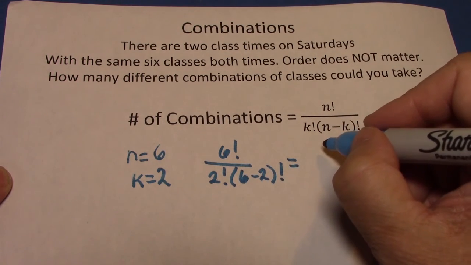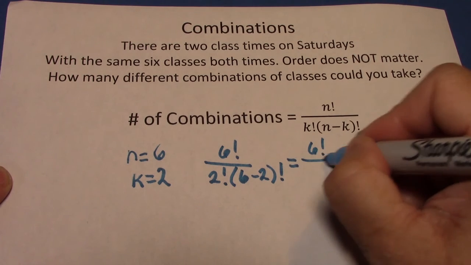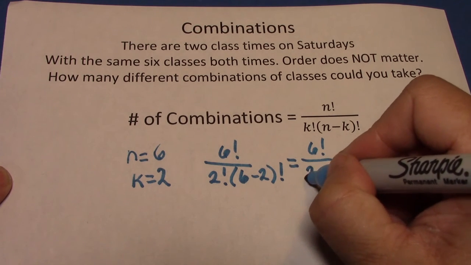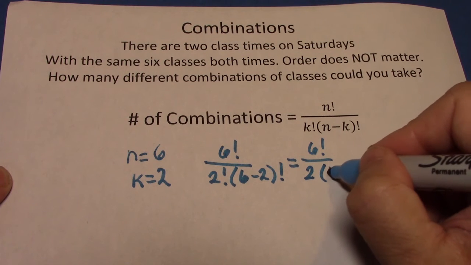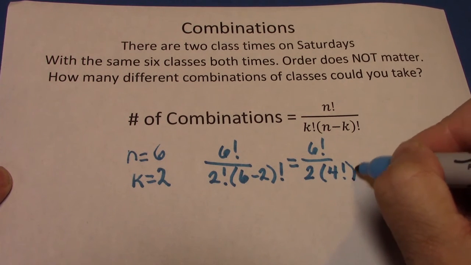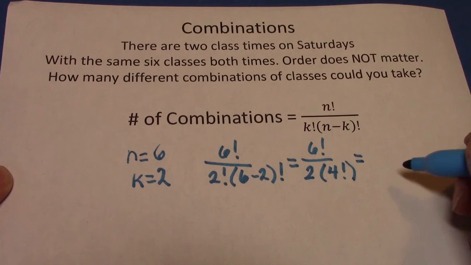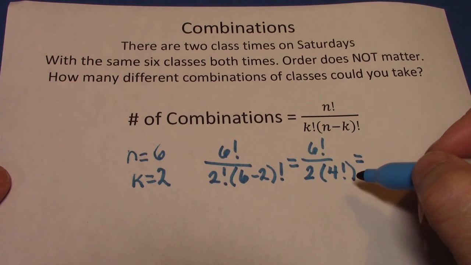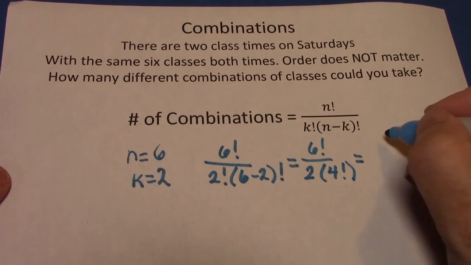That equals 6 factorial over 2 factorial times 4 factorial. So when we write this out, we can stop writing out 6 factorial when we get to 4 factorial. I'll show you what I mean.